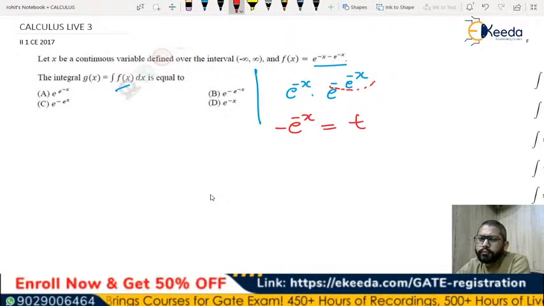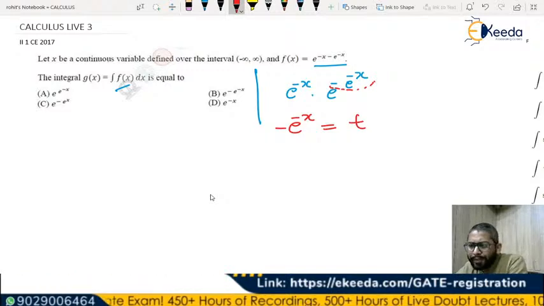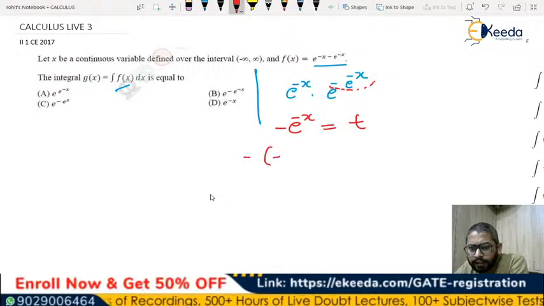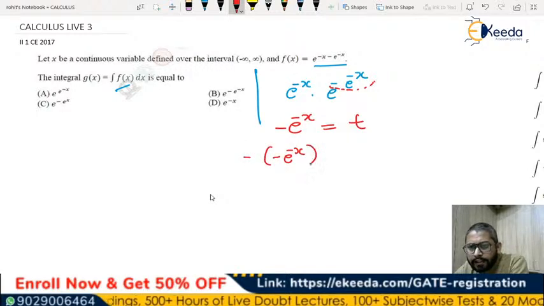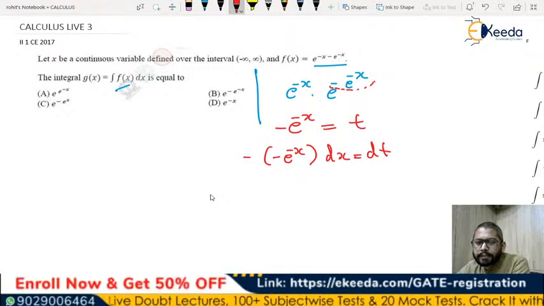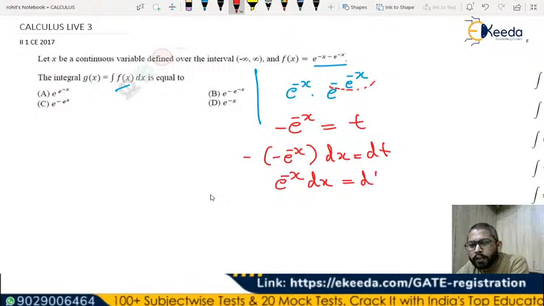If we differentiate on both sides, e to the power of minus x gives minus e to the power of minus x dx equal to dt. So minus and minus gets positive, so it is e to the power of minus x dx equal to dt.